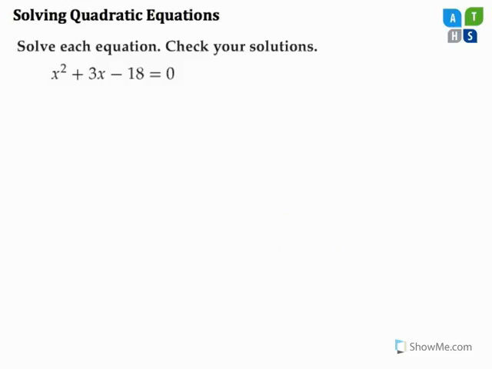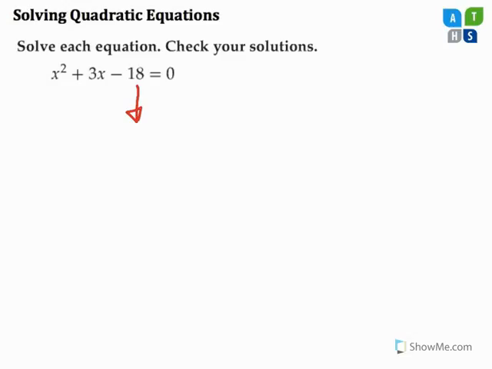Now first, we are going to factorize the quadratic expression part. Now, I'm going to think of two numbers such that when I multiply I will get minus 18. So, this means one of my numbers should be negative.